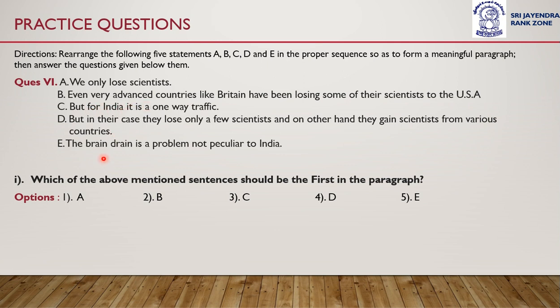Then, but in their case they lose only a few scientists and gain scientists from various countries. So B will be followed by D, E, B, D, A, E, B, C, and E, B, D, A, C.